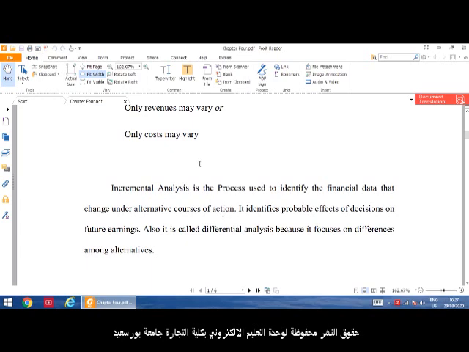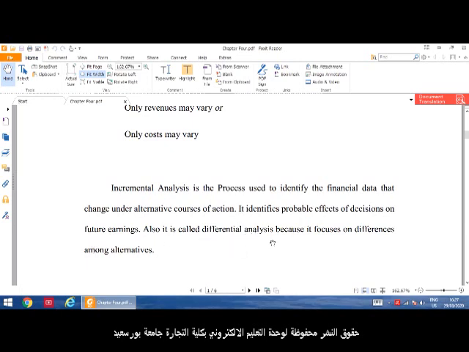So, incremental analysis is a process used to identify the financial data that change under alternative courses of action. It identifies probable effects of decisions on future earnings.